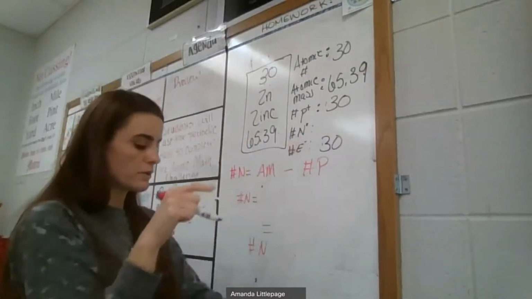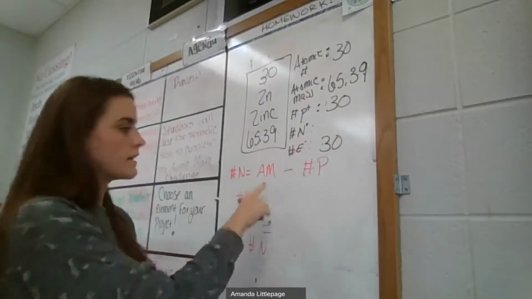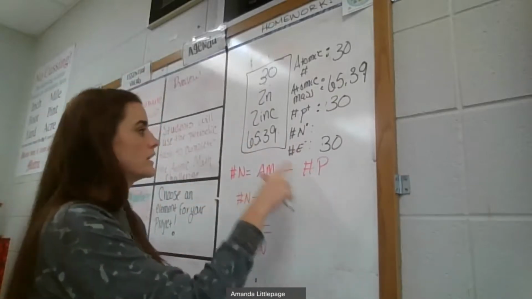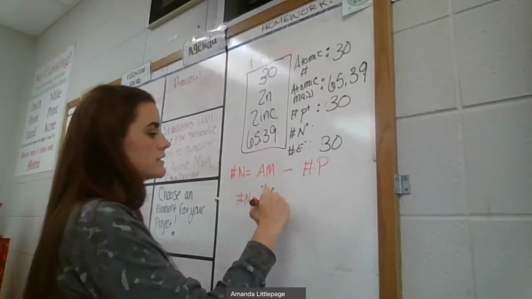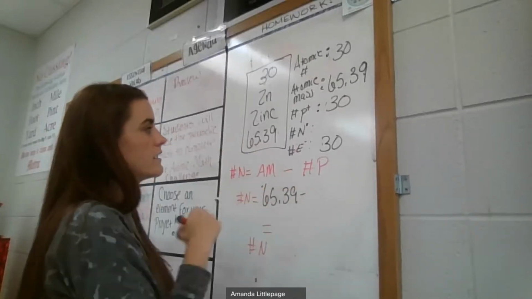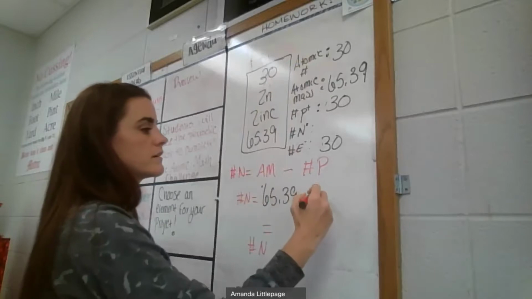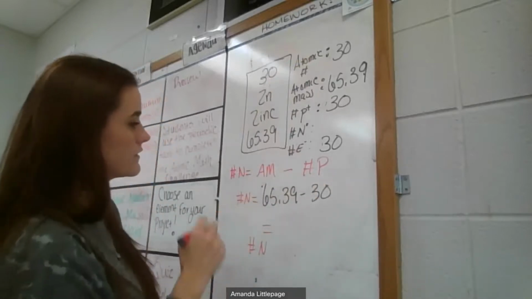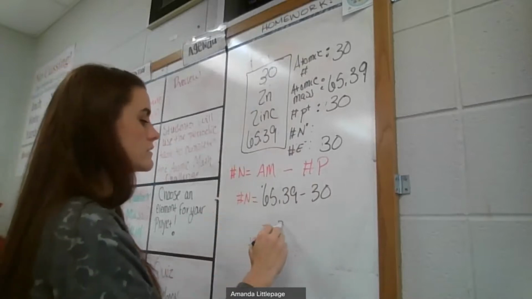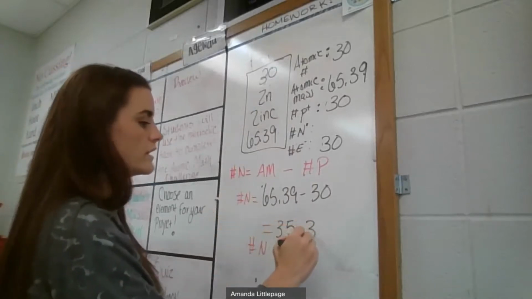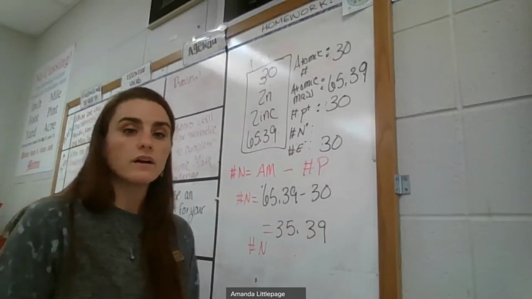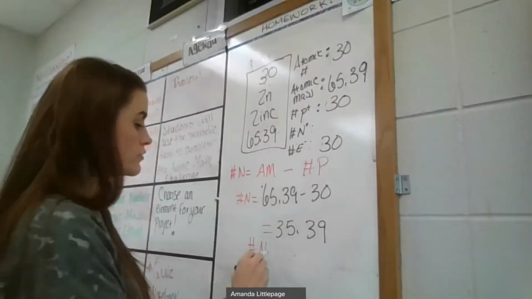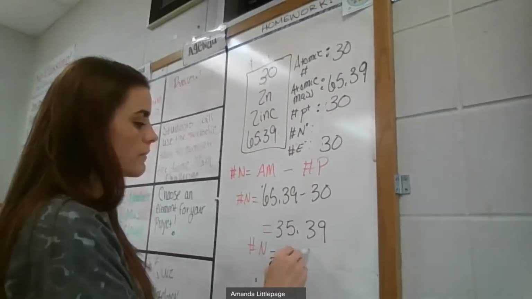To calculate the number of neutrons, you're going to plug this in: atomic mass minus the number of protons. So 65.39 minus 30. Okay, so you'll calculate that. That gives us 35.39, and then you would round. So the number of neutrons is in fact equal to 35.